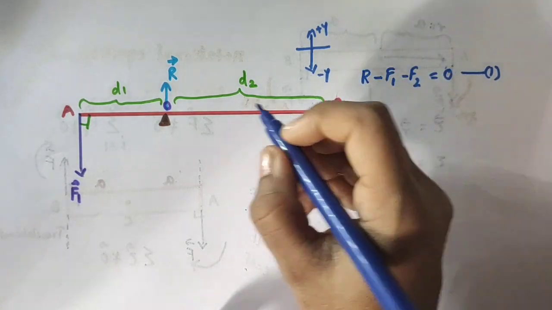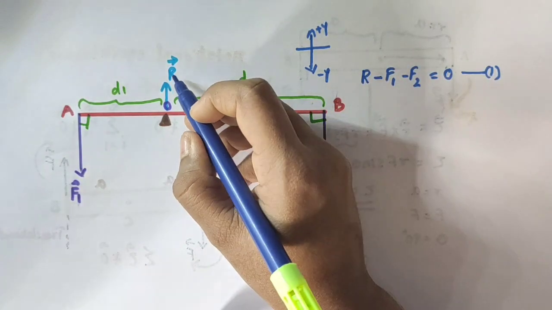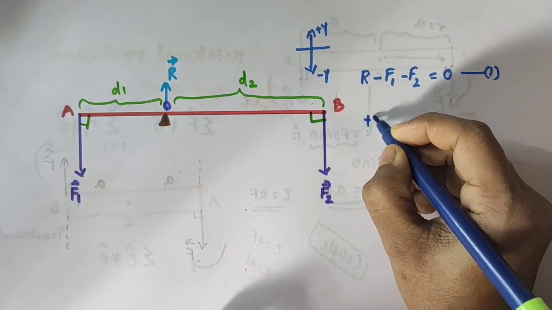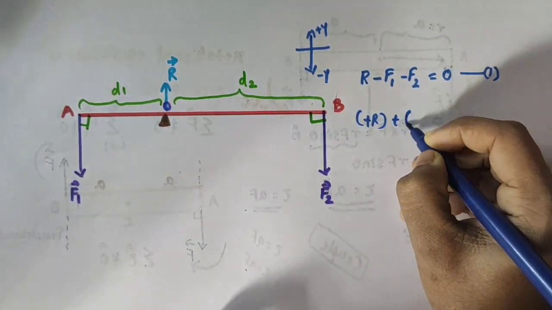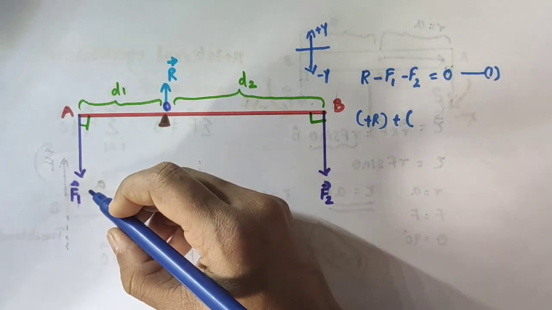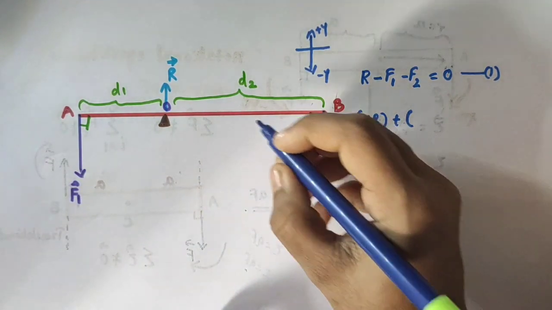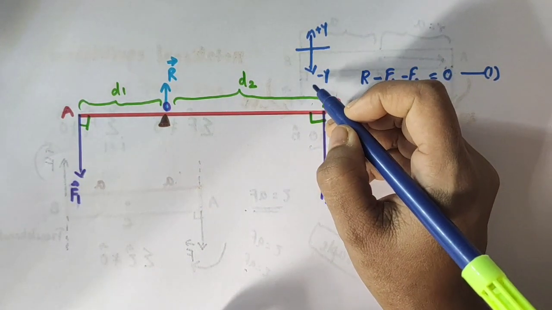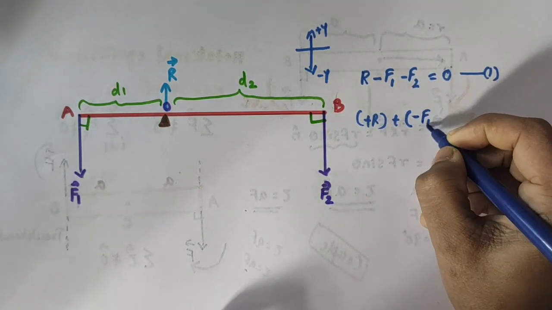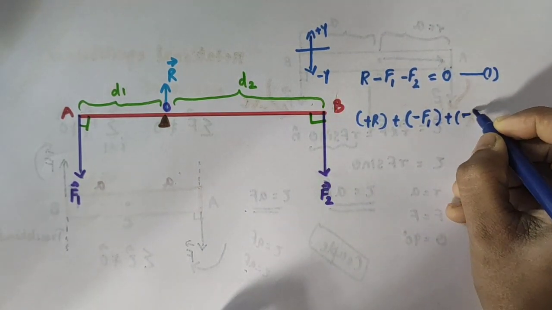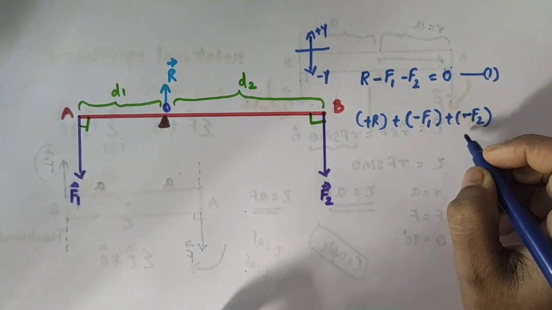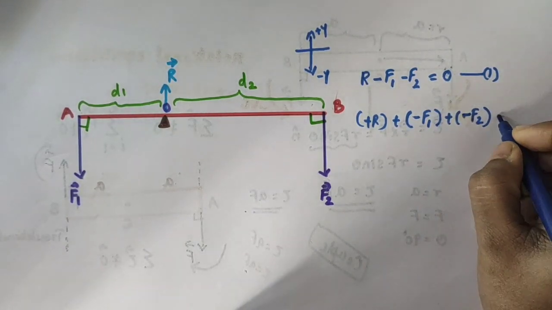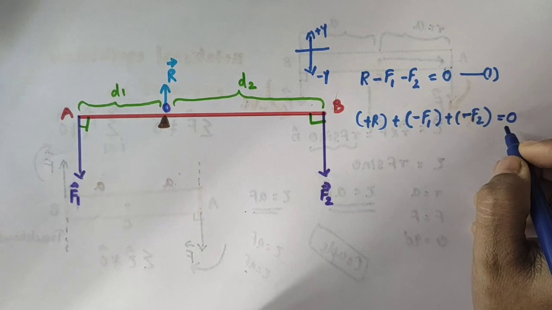So the net force on this rigid body would be plus R, then plus F1 and F2, but both are along the negative y direction, so this can be written as minus F1 plus minus F2. For translational equilibrium, the net force must be equal to 0.